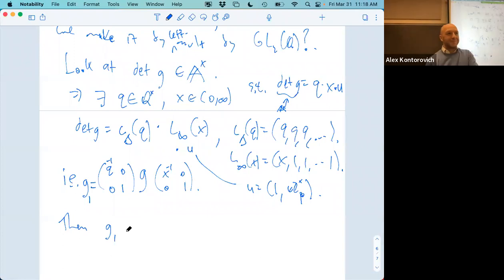Yeah, so I claim I can get this into SL2 of the Adels. So we've killed the Q and the X. All that's left is something with absolute values 1 everywhere.